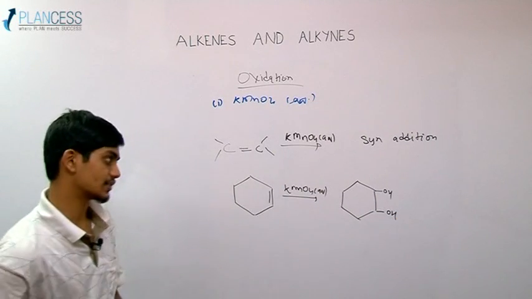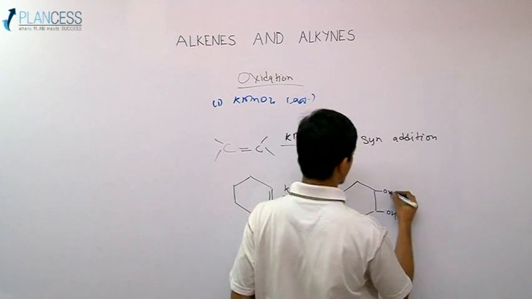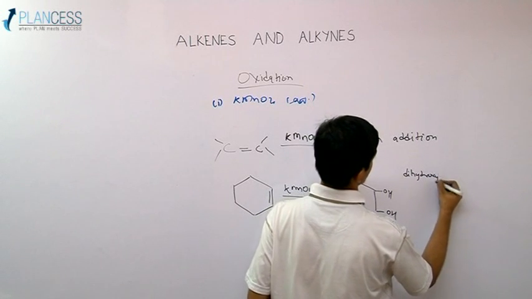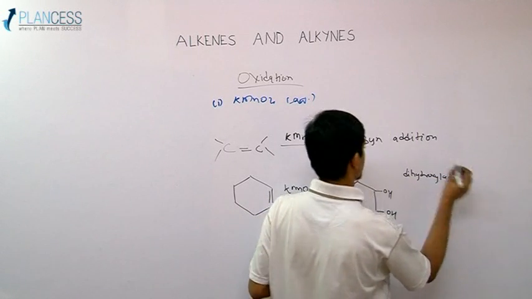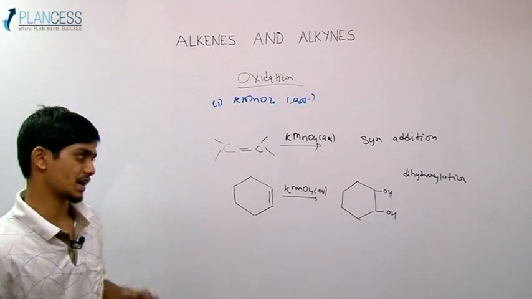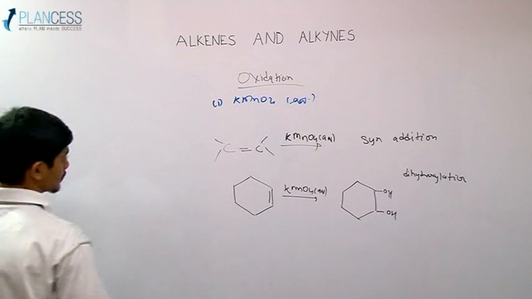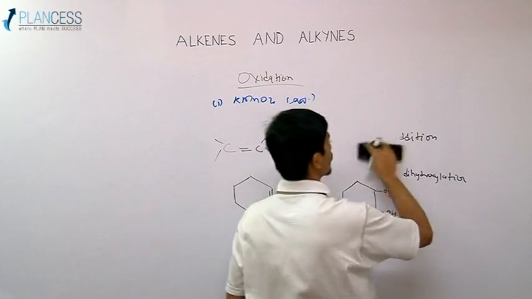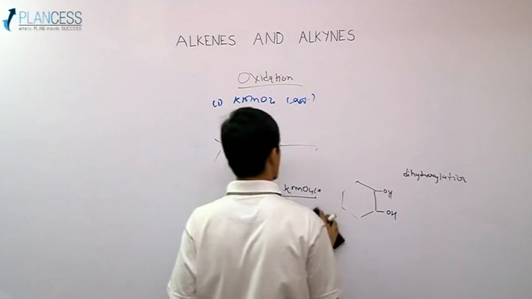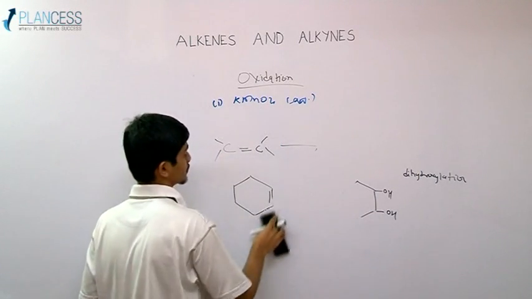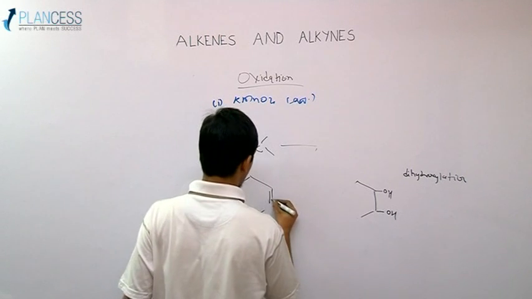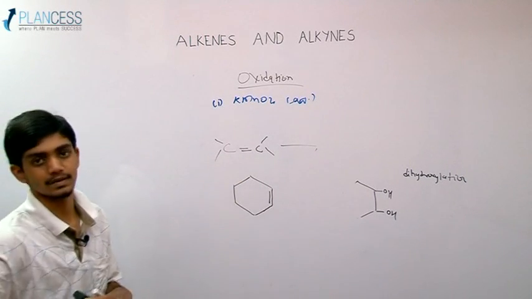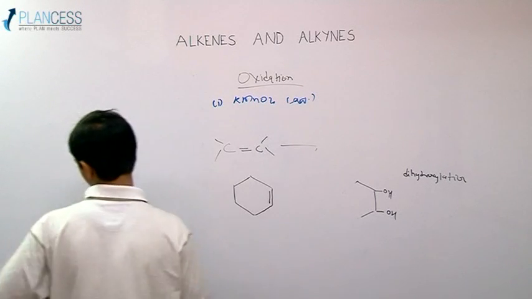You get a syn addition of both the OH groups, which is also called dihydroxylation. Now this can also be achieved by another reagent, which is called osmium tetroxide. Osmium is a very important element in inorganic chemistry, because you know it has a very heavy density, or the most dense element in the periodic table.